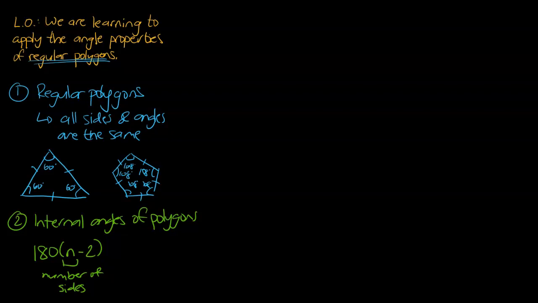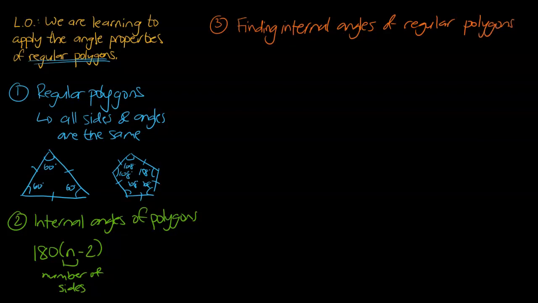The last thing we need to go through, and this is the most important part for today, is how we can use the properties of regular polygons and the internal angles of polygons to find internal angles of regular polygons. That's the important thing we're going to focus on today.